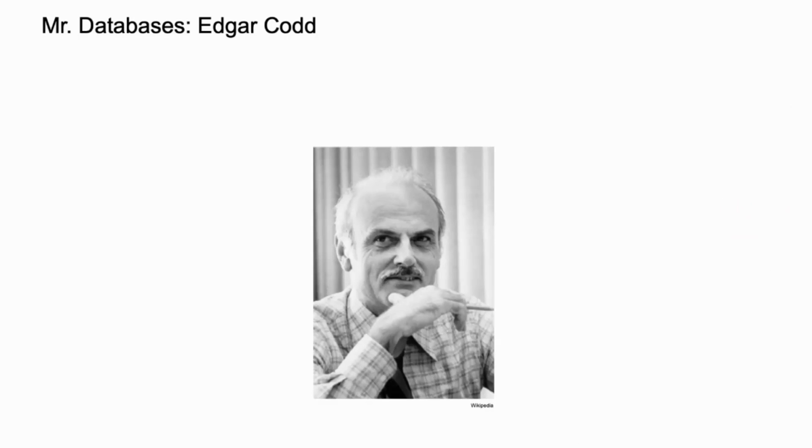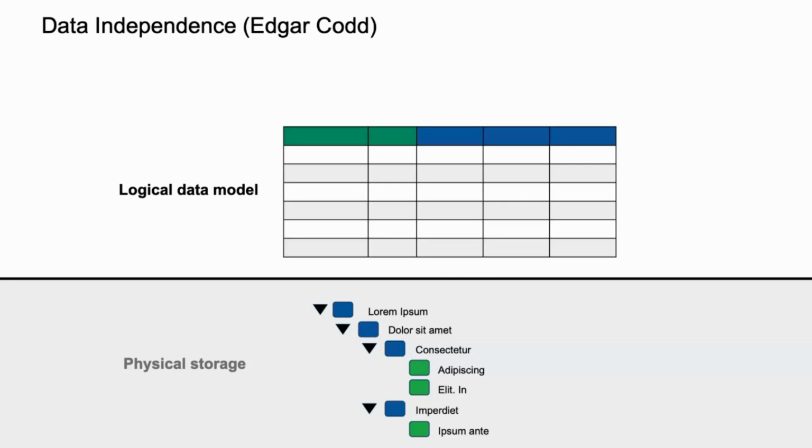This is Edgar Codd. He is the person who had this wonderful idea of looking at tables and making people look at tables instead of these files and directories on the system. His idea, probably the most brilliant idea that seeded the whole field of relational databases, is data independence.